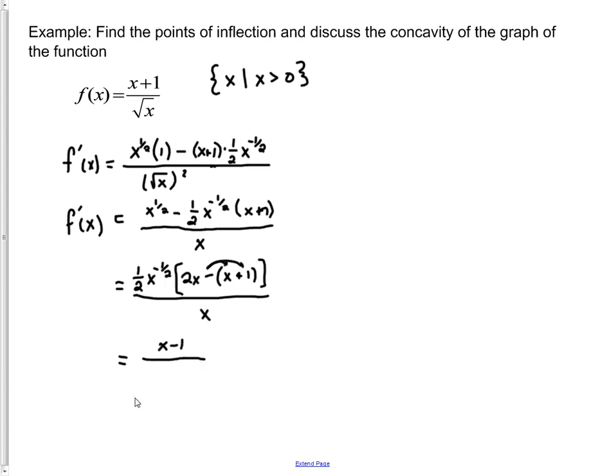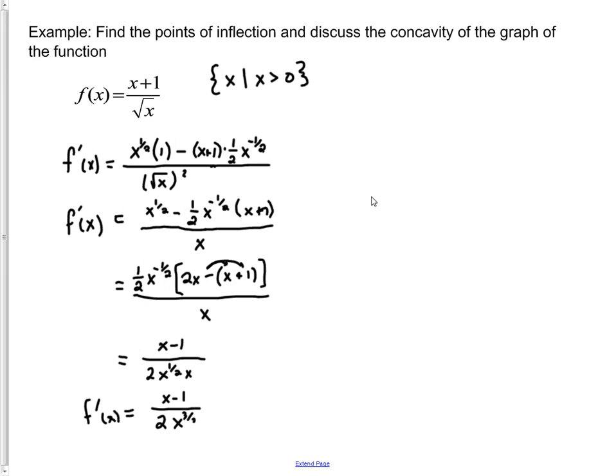And in the denominator, we're going to get 2 times x to the 1/2 times x to the 1. But that's really like saying x minus 1 divided by 2x to the 3/2. Okay, that's f prime of x.